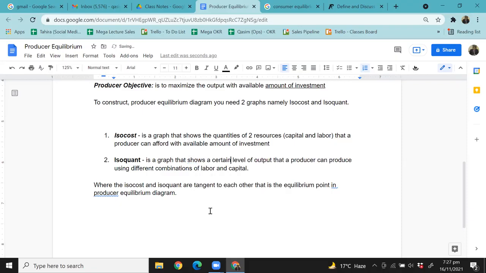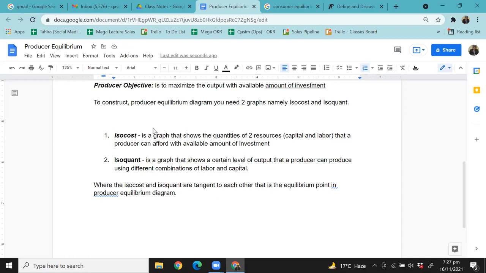Right? Is this making sense? Huda and Preet, is anything confusing, anything you did not understand? So isocost shows the affordability of the two resources, labor and capital, and isoquant shows the combination of the two resources that a producer needs to produce a certain level of output.